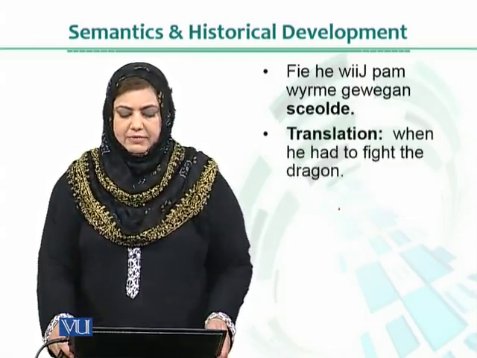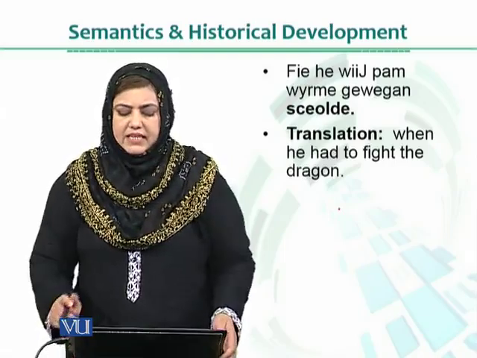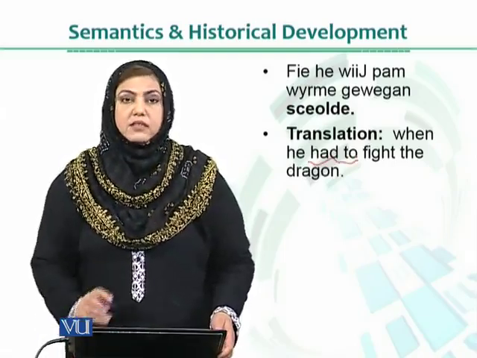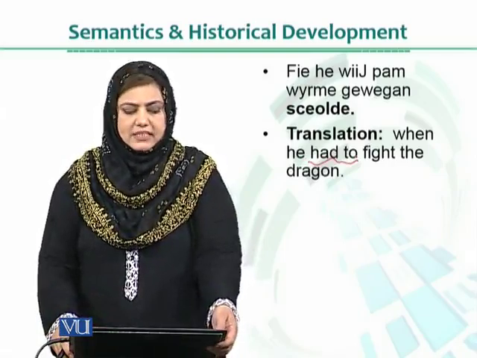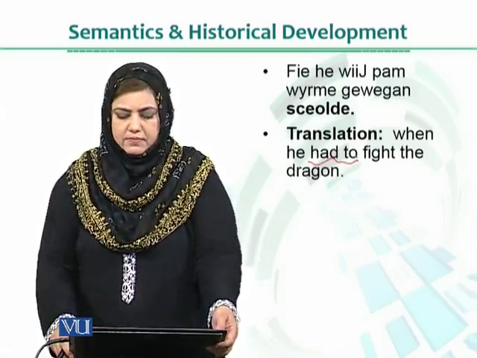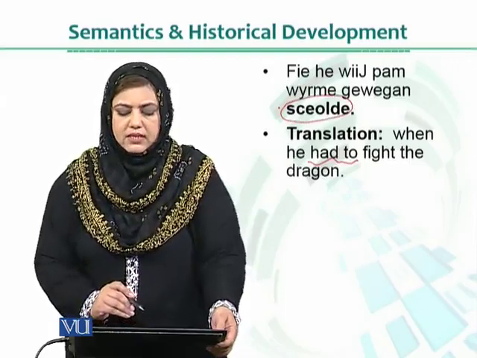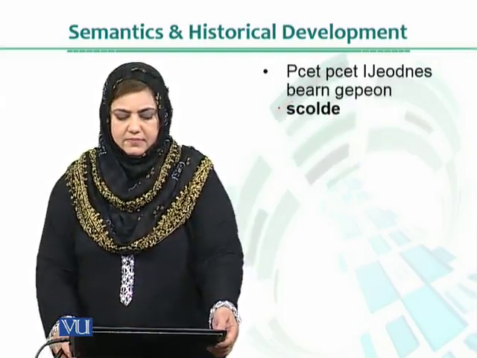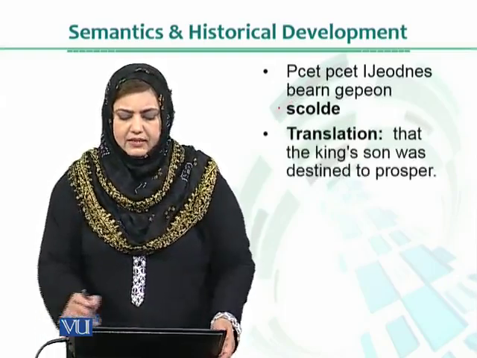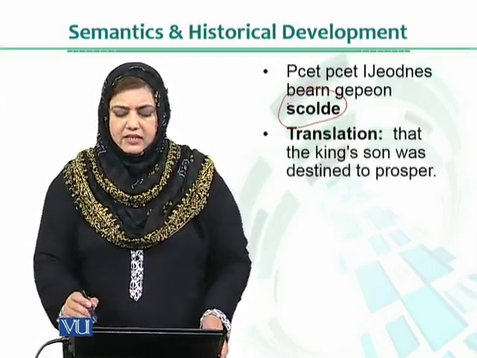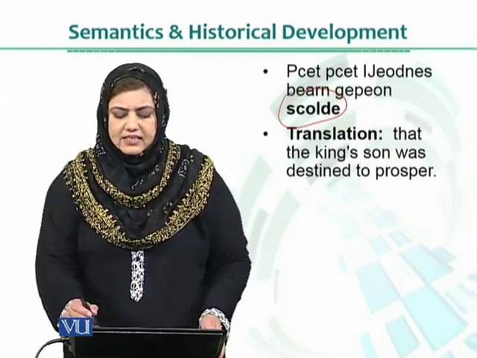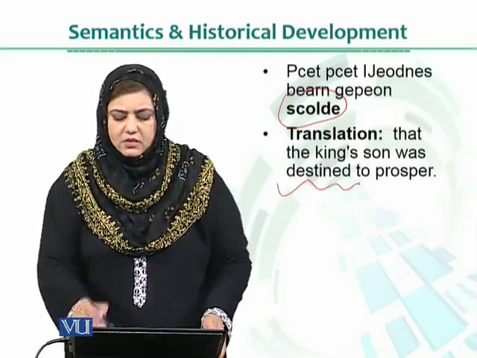Another example, again, I'm focusing on the translation. "When he had to fight the dragon," it was used in the sense of obligation. By the way, this is should, if you could not notice. This is how it was written. Another example, again, notice the use of should, and the translation says that the king's son was destined to prosper.